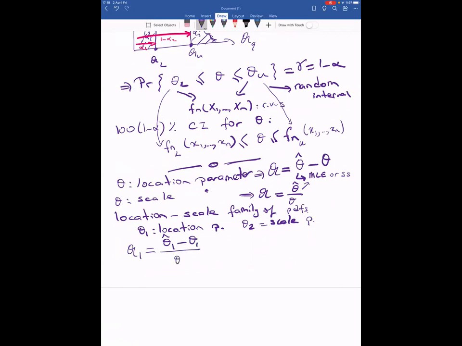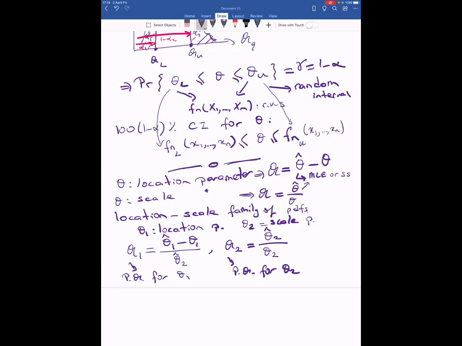But in the pivotal quantity there should be only one unknown parameter, so we replace the denominator part with the estimator. And for the second parameter, we have the second pivotal quantity. We use the same quantity as in the scale parameter case, actually. So this will be the pivotal quantity for theta 1, and this will be the pivotal quantity for theta 2. So basically, we can generate confidence intervals for theta 1 and theta 2 separately by using this approach.